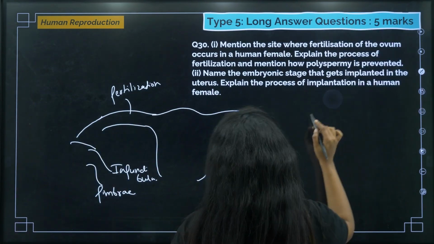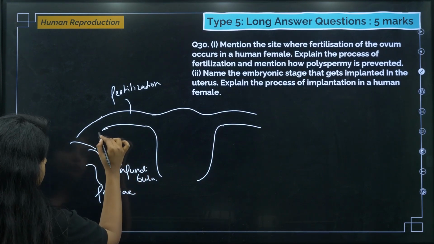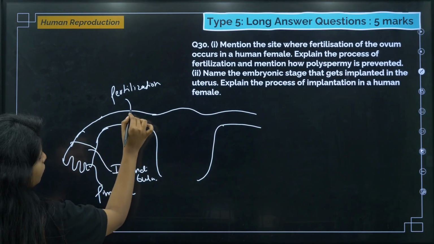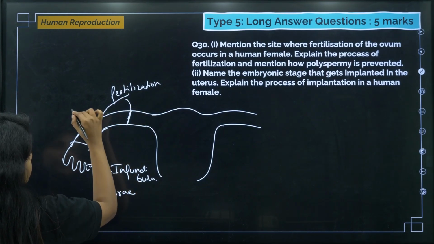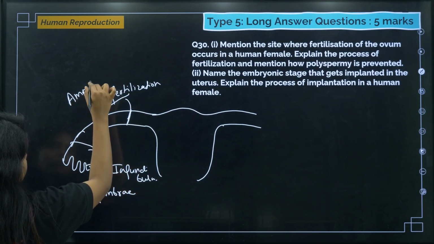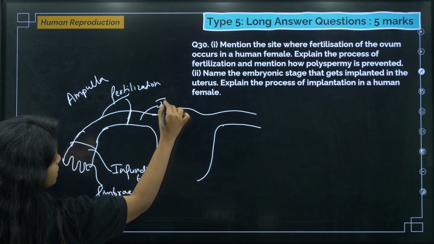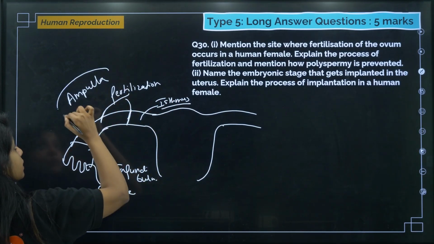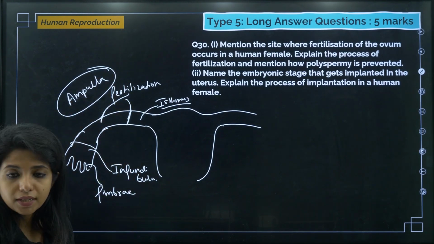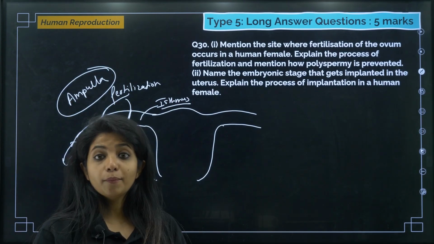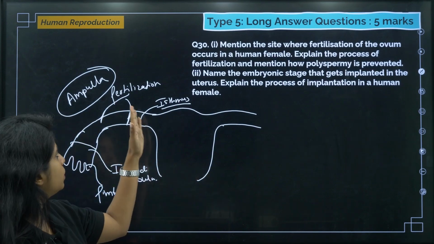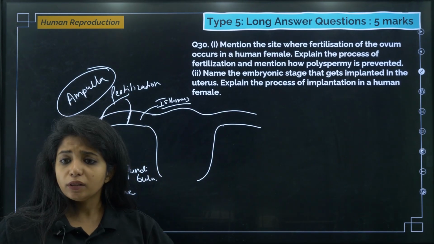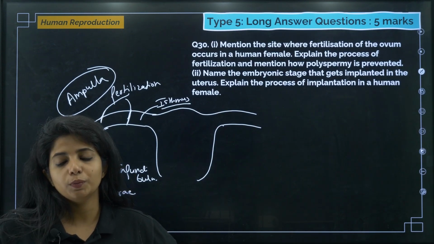This area from here to here you can call the ampulla, and this area is known as isthmus. Isthmus is a narrow region, ampulla is a broad region. So fertilization happens in the ampulla. Always remember, it happens in the ampulla. Many years back it was the ampullary-isthmic region, but now NCERT has mentioned just ampulla, so remember that. Now explain the process of fertilization and mention how polyspermy is prevented.